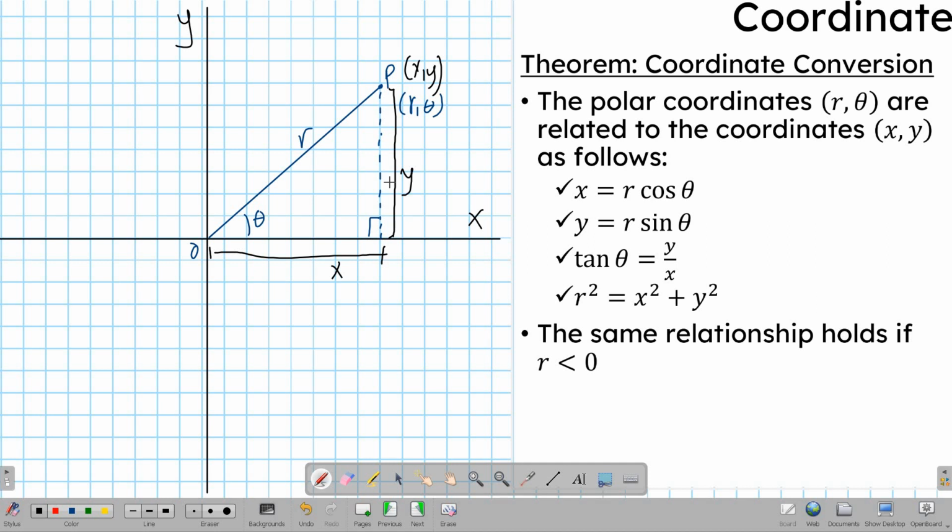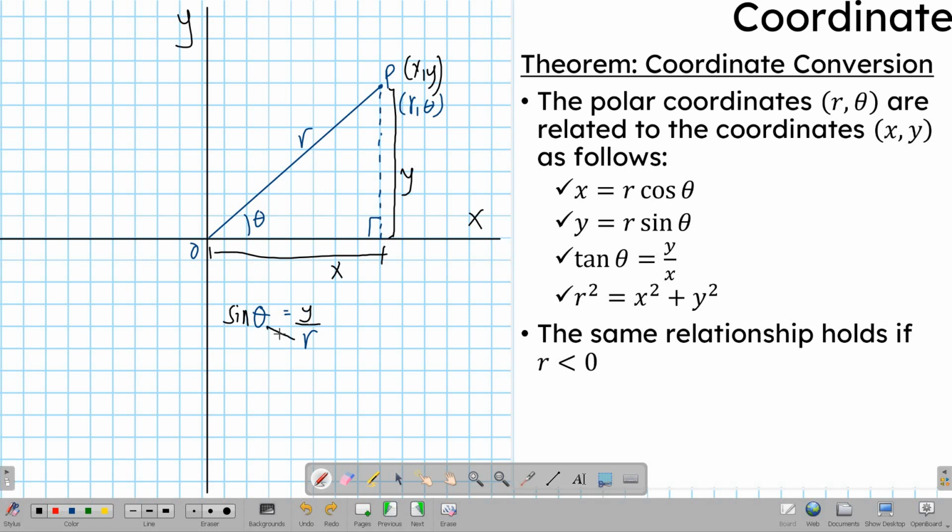Following our trigonometric functions of an angle in a right triangle, the sine of theta would be equal to y over r, opposite over hypotenuse.